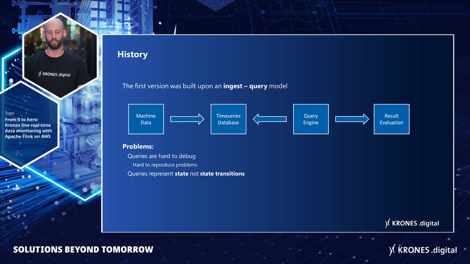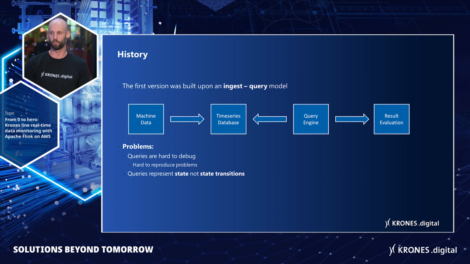But at some point, we found out that queries are really hard to debug, and if you want to find problems, it's really hard to find them. So it didn't work out the way we expected. The major insight, which I saw in a different presentation about Flink, was pretty smart: we're not interested in state at all, so we don't want to query all the data we have collected.